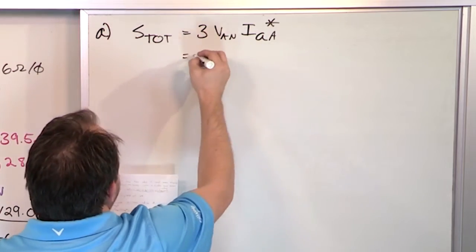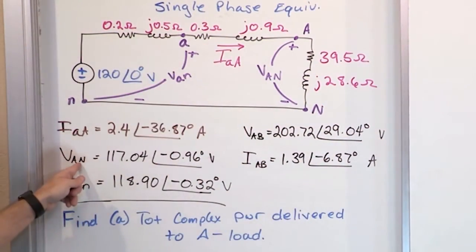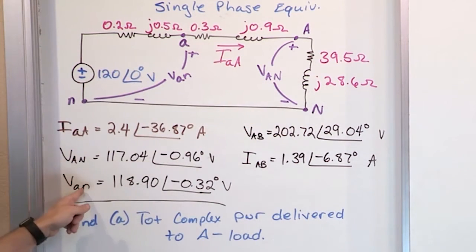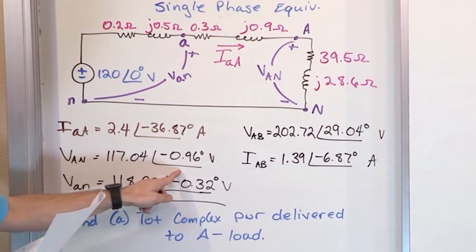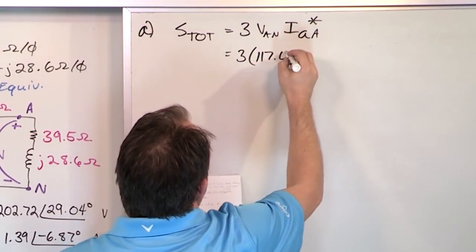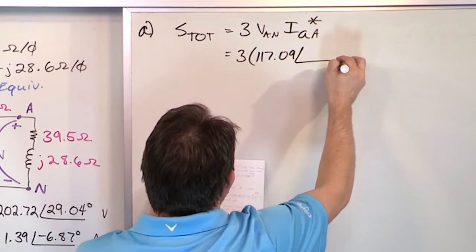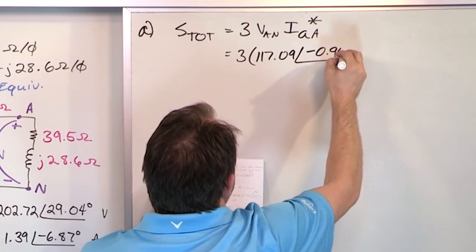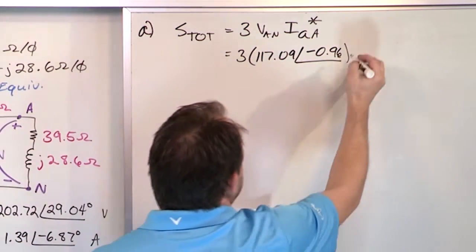So what we have is 3 times, what's V_AN? V_AN was given to us as 11704 at an angle of negative 0.96. That's the voltage across that transformed equivalent Y load.